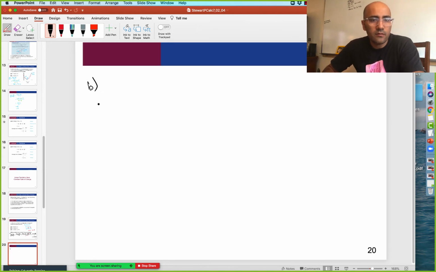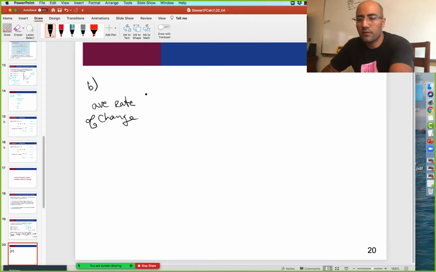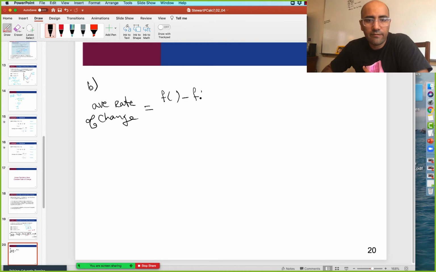For part B, the average rate of change is going to be equal to f of 7 minus f of 3, all over 7 minus 3. Right, so it's a 7 and 3. So a 7 goes in here, a 3 goes in here, 7 goes in there, 3 goes in there.